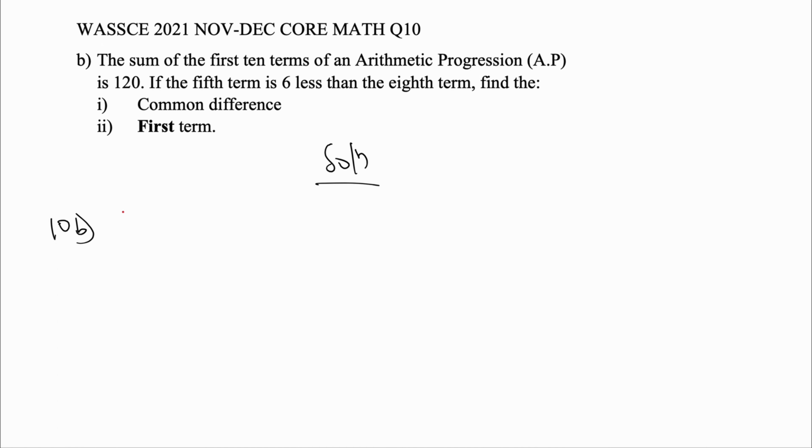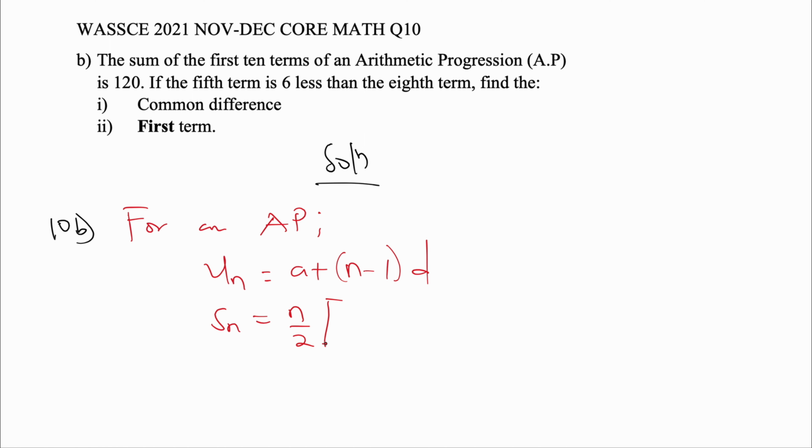So for an arithmetic progression, the nth term is equal to a plus (n minus 1)d, and the sum of n terms is equal to n over 2 times (2a plus (n minus 1)d).